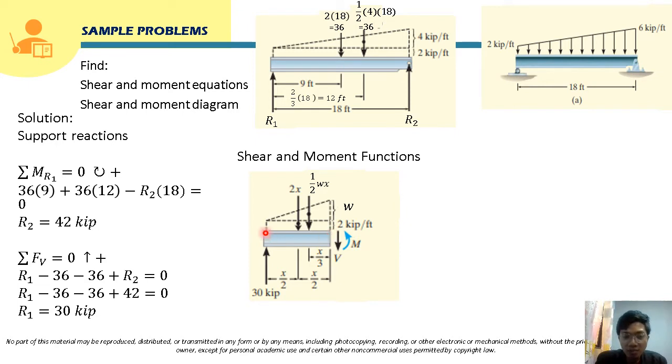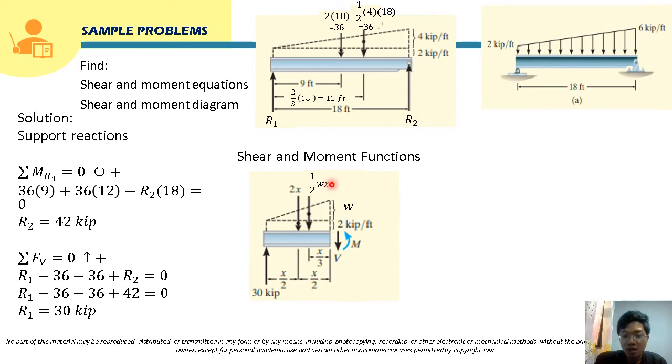In this case, the base is this distance, x, and its height is 2 kips per feet. That's why the magnitude of the equivalent point load will be the area of the rectangle, that is 2 times x. Now for the triangle, the height is W and the base is x. So the area of the triangle is 1/2 base times height, that will be 1/2 W times x.